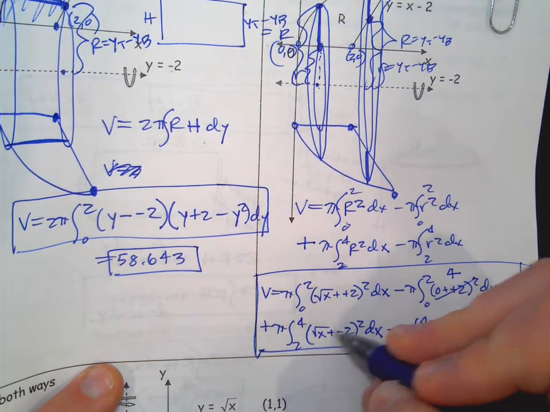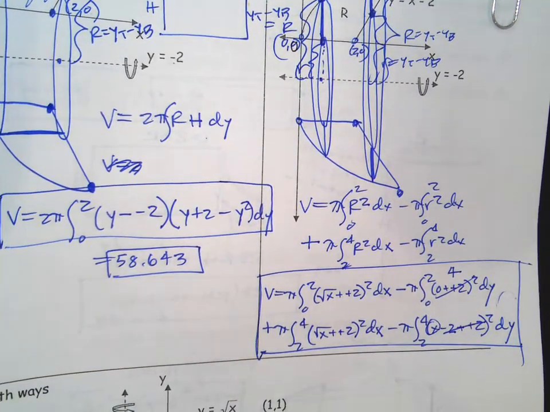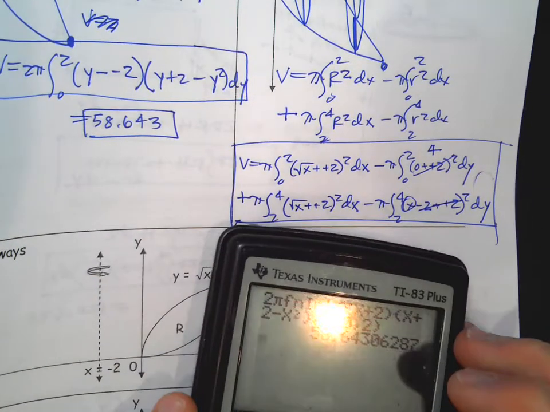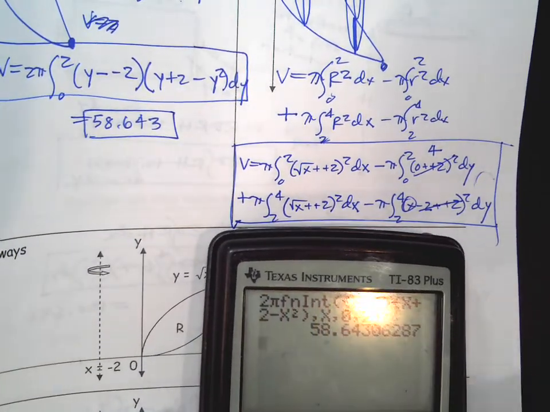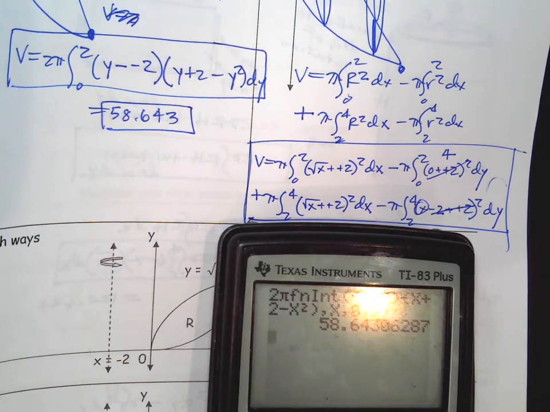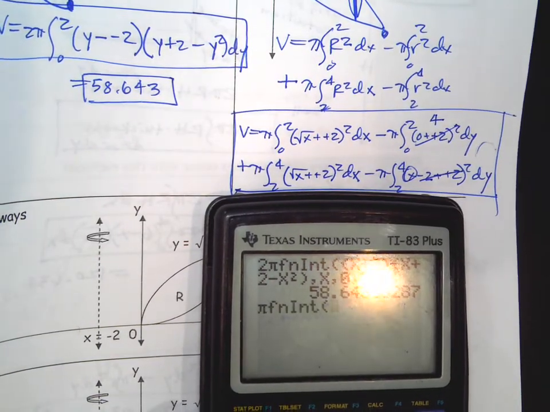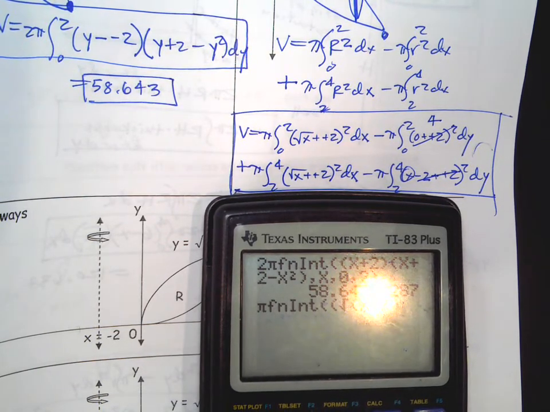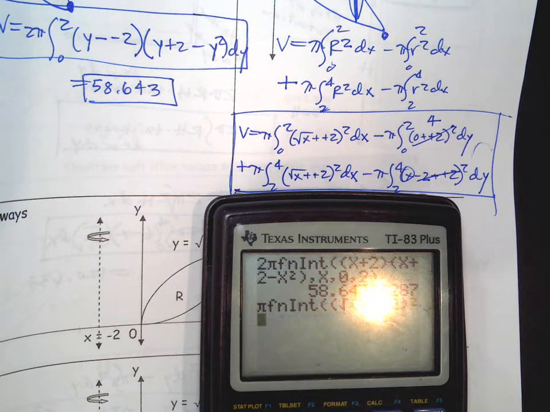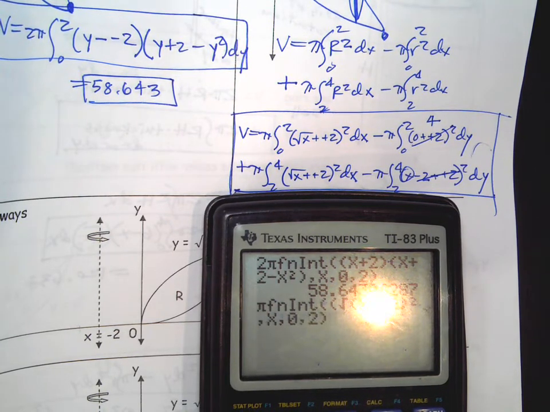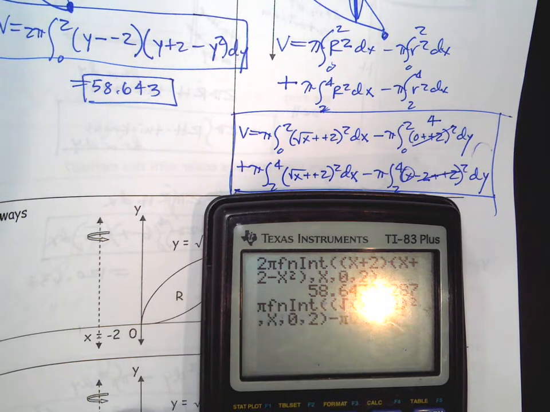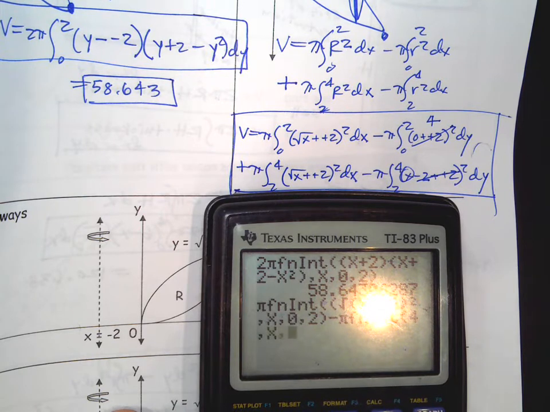Let's see if we can enter all this stuff in our calculator and get the same answer. I'm scared that I'm going to make a mistake. It's just way more stuff to type in. Pi, math 9, parentheses, square root of x, close, plus 2, close parentheses, squared, comma x, comma 0, comma 2. So that's the first one, minus pi, math 9, 4, comma x, comma 0, comma 2.